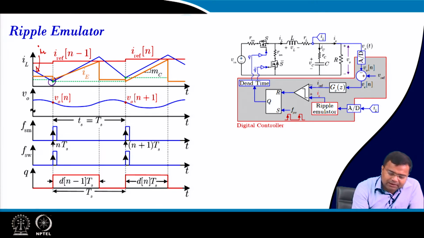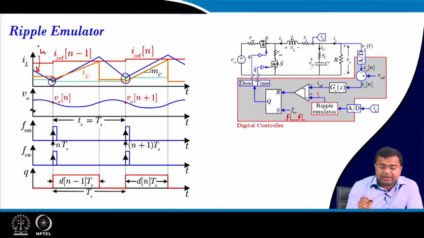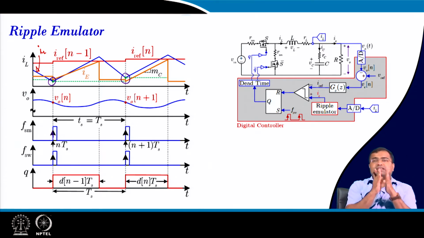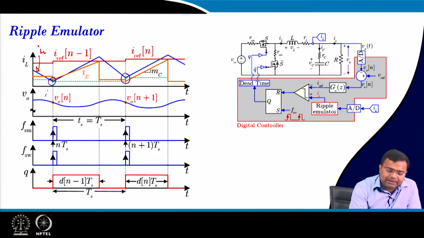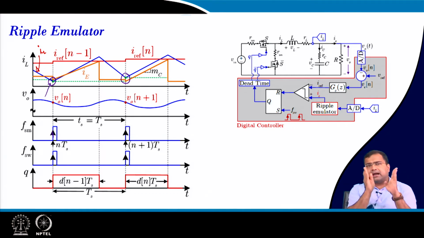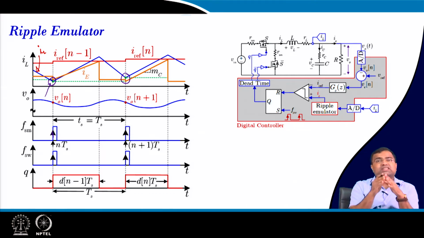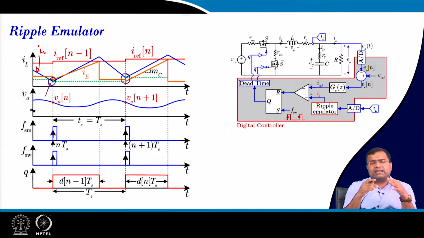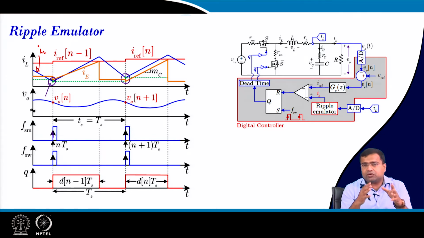This is the sample of the actual inductor current. We are sending the sampling command at the point we want to sample, and generally this sampling point is slightly earlier than when the actual switching takes place, because in any current sensor you will find a switching spike once the switch turns on or turns off.